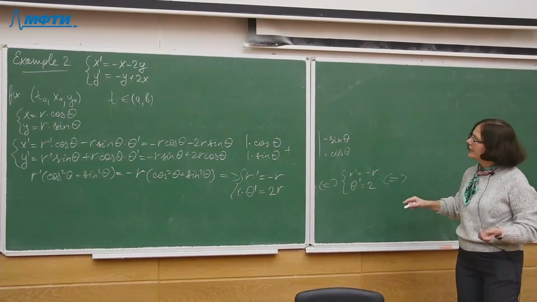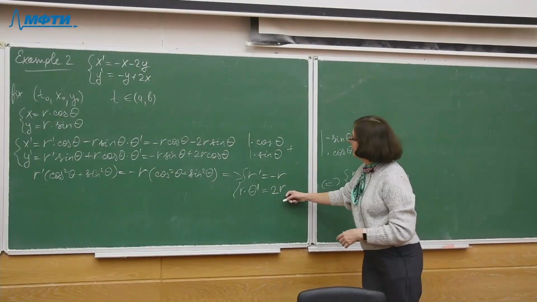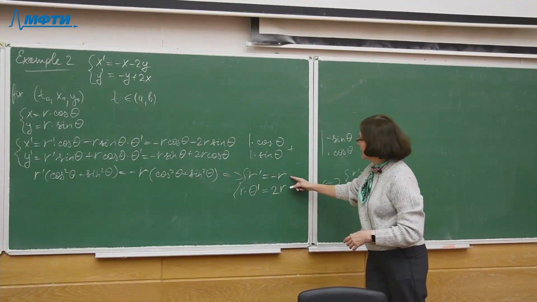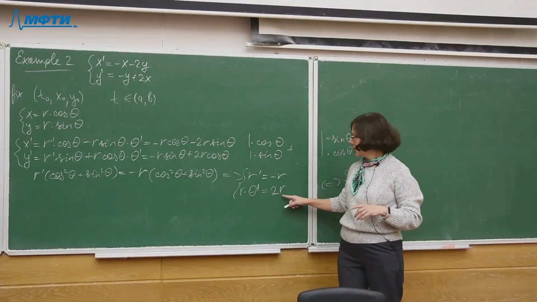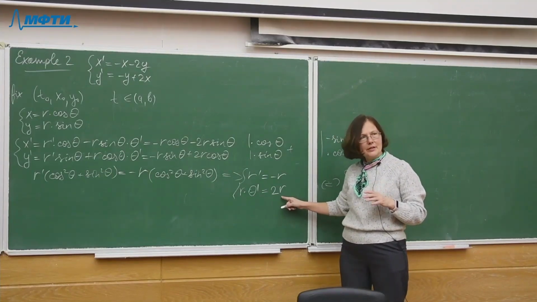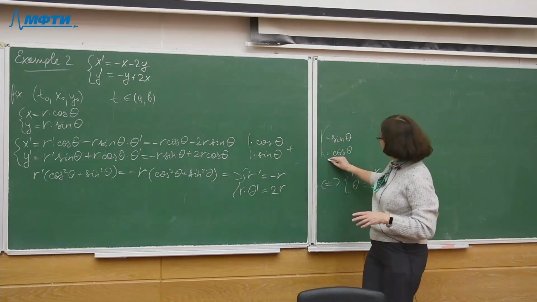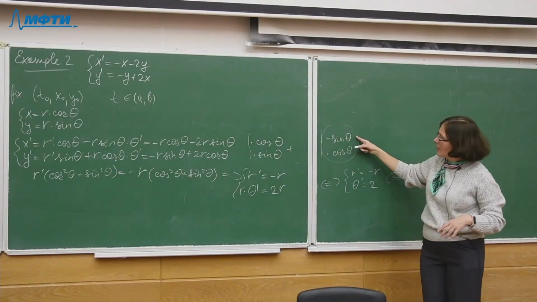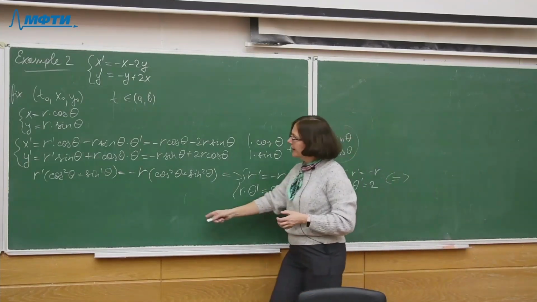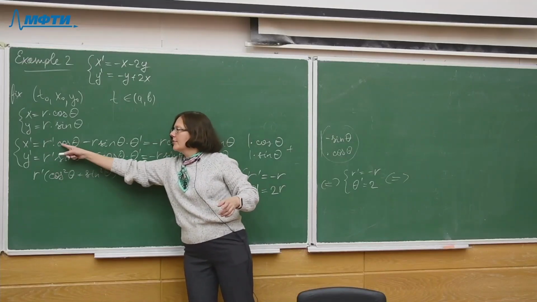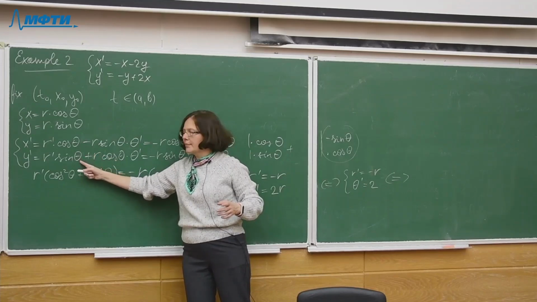How did you get r times theta prime equals r here? How have I obtained this? Okay, so if we multiply the first equation by minus sine theta and the second one by cos theta and add them together, then the coefficient of r prime will be 0, because this is multiplied by sine and this is by cosine.